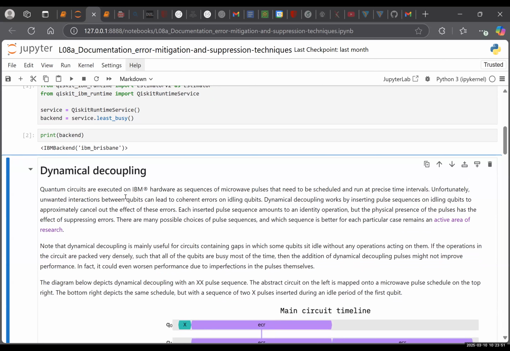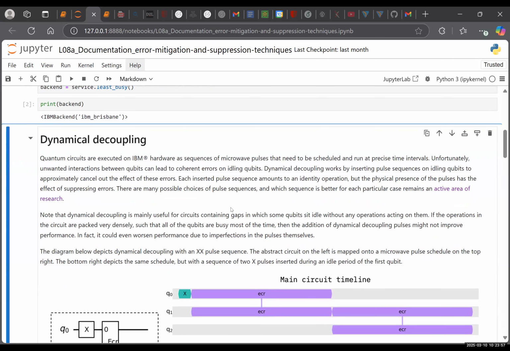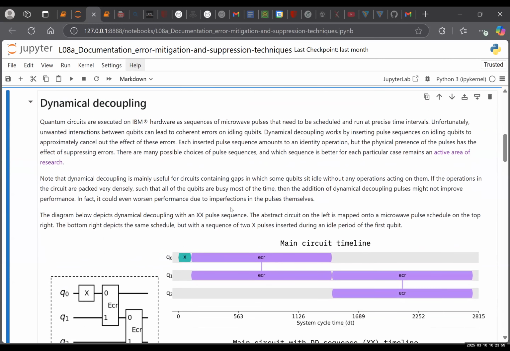It says unwanted interaction with the qubit can lead to coherent errors in an idling qubit. So this is designed so that if you are running a circuit and there are wires that do not have any gate, that means the qubit is idling. When it's idling, it will be susceptible to T1 and T2 relaxation and decoherence.